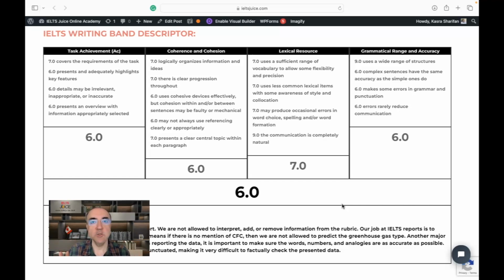That's all we need to do. So we are not allowed to speculate, add opinions, or predict the future, or come up with some reasons or causes. We are not allowed to do any of them. And on that note, remember, your essays, letters, reports are your representatives. Make sure they do their jobs well.